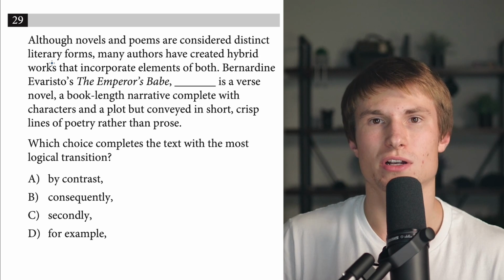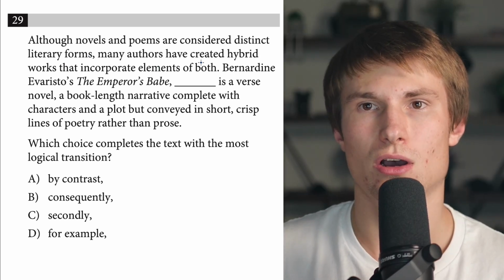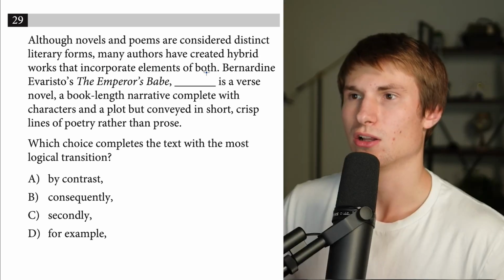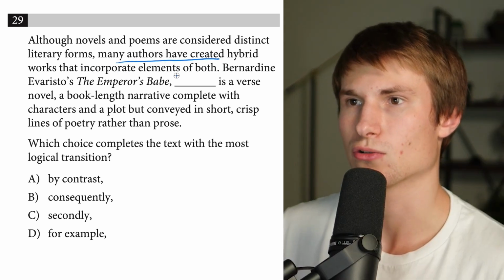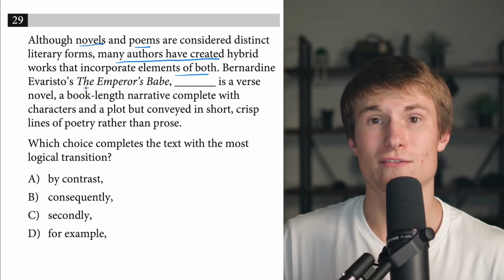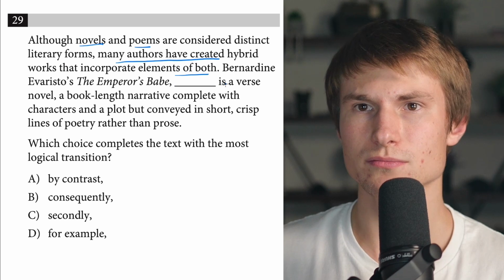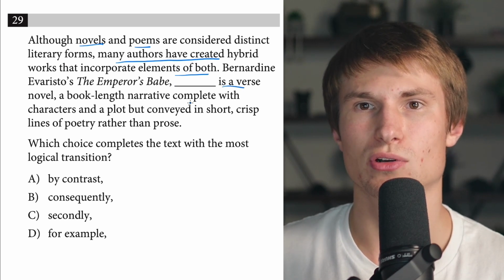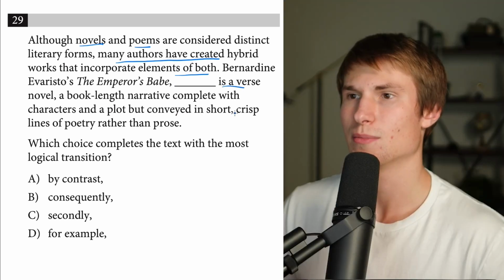Although novels and poems are considered distinct literary forms, many authors have created hybrid works that incorporate elements of both. Okay, so here we have a claim that many authors have created hybrid works that incorporate elements of both, being the poems and the novels. And then we have Bernardine Evaristo's The Emperor's Babe. Blank is a verse novel, a book-length narrative complete with characters and a plot, but conveyed in short, crisp lines of poetry rather than prose.